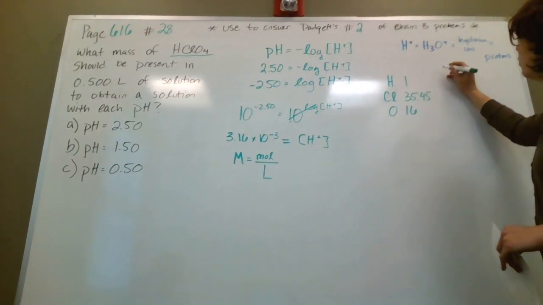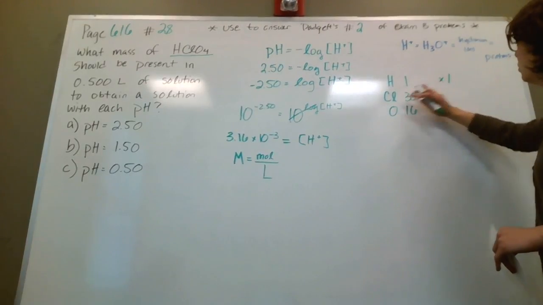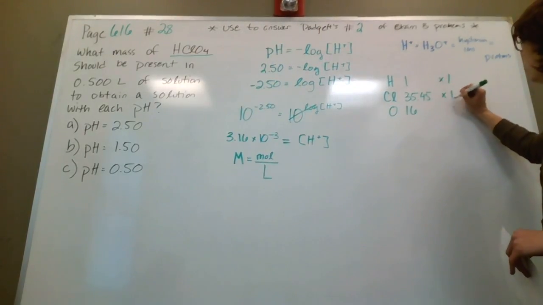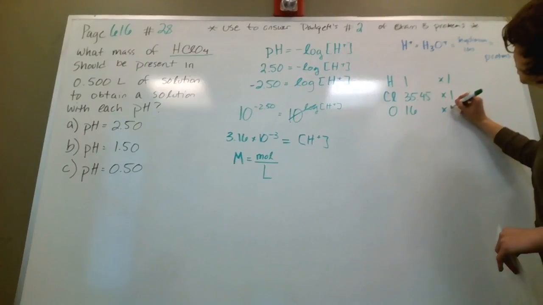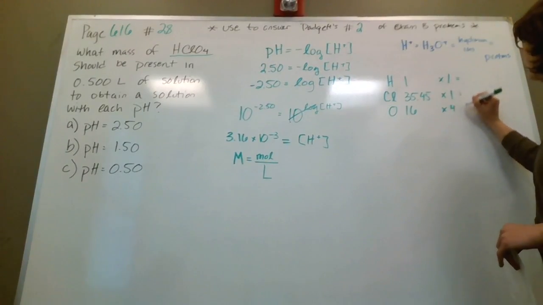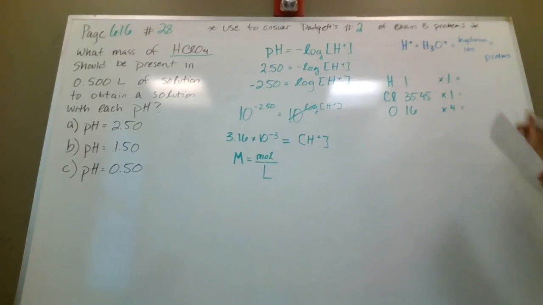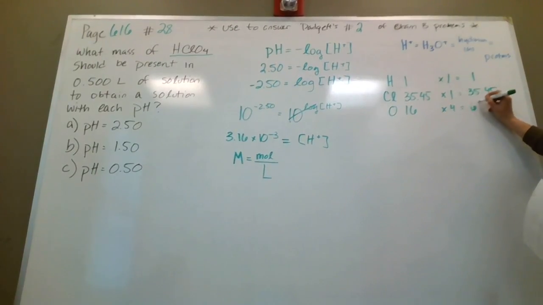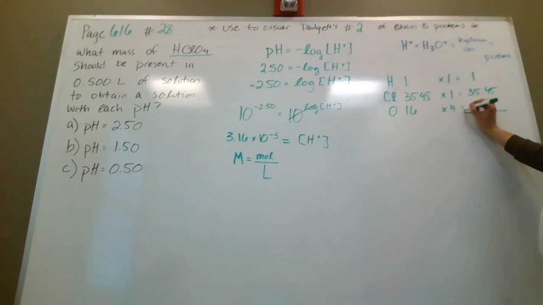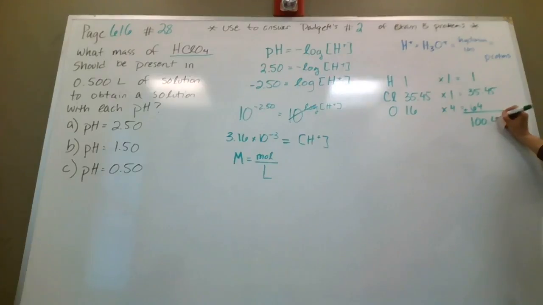Now we only have 1 hydrogen, we only have 1 chlorine, and we have 4 oxygens. So this will be 1, this will be 35.45, and this will be 64. Then you will add these all together in this column to get 100.45 grams per mole of HClO4.